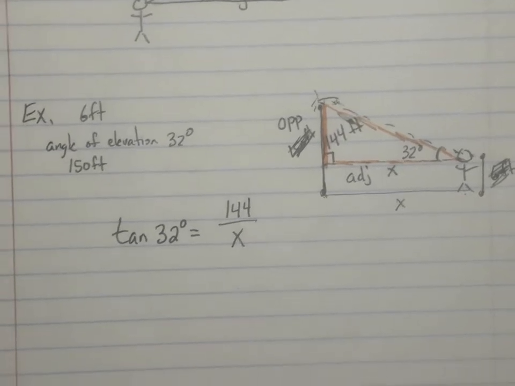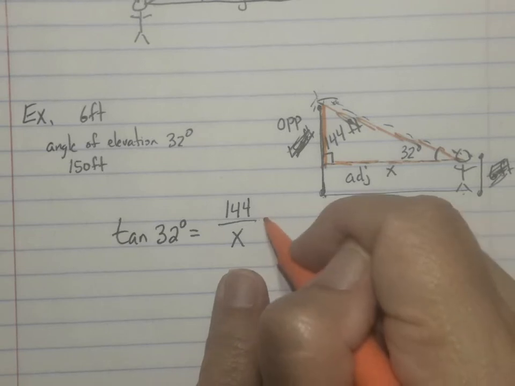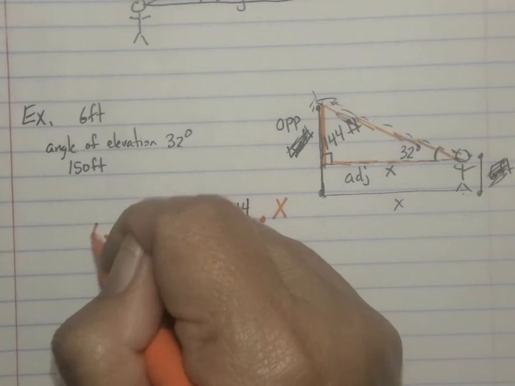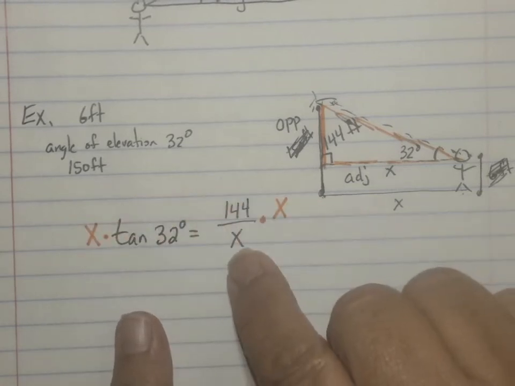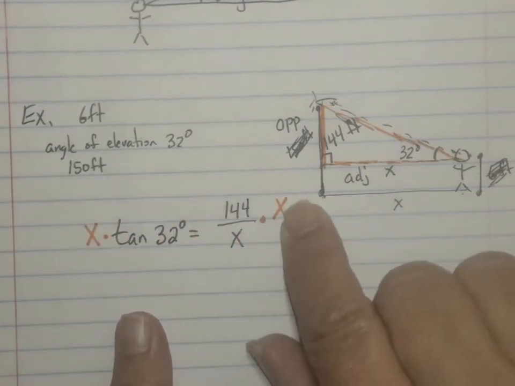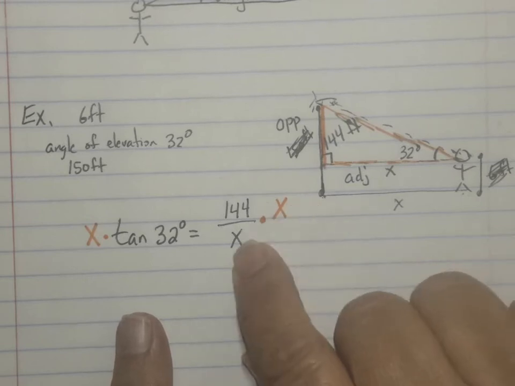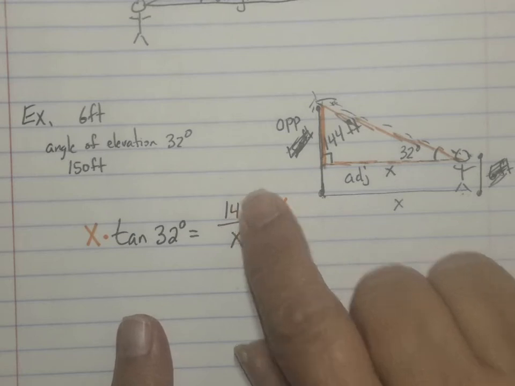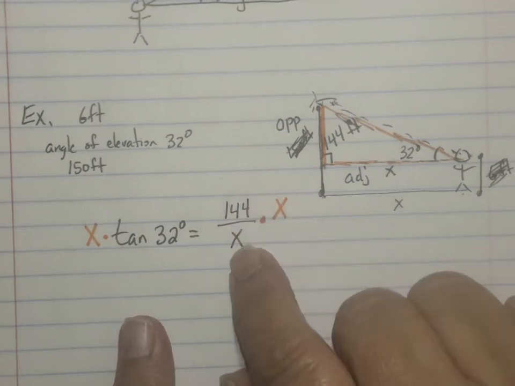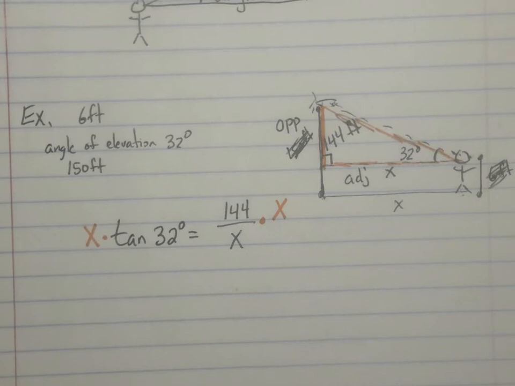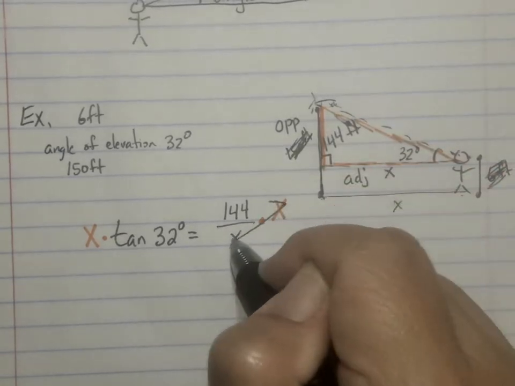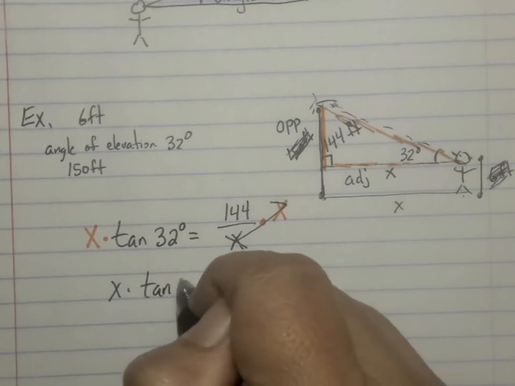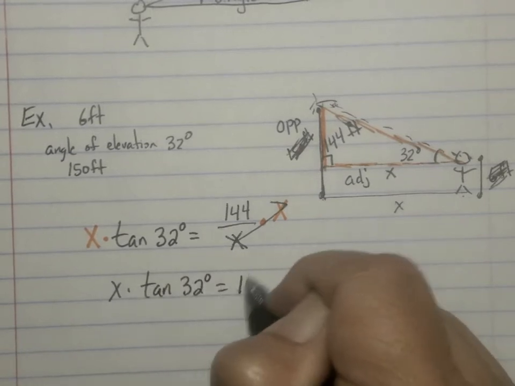Now I'm going to solve it. The first thing I want to do is eliminate this fraction. So I'm going to multiply both sides by X. This X is dividing, so I'm going to multiply it. Sometimes my X will be right there, sometimes a number will be right there and my X will be on the top. But what I'm doing is multiplying by what's in the denominator so that these will divide out. And now I'll have X times tangent of 32 degrees equals 144.